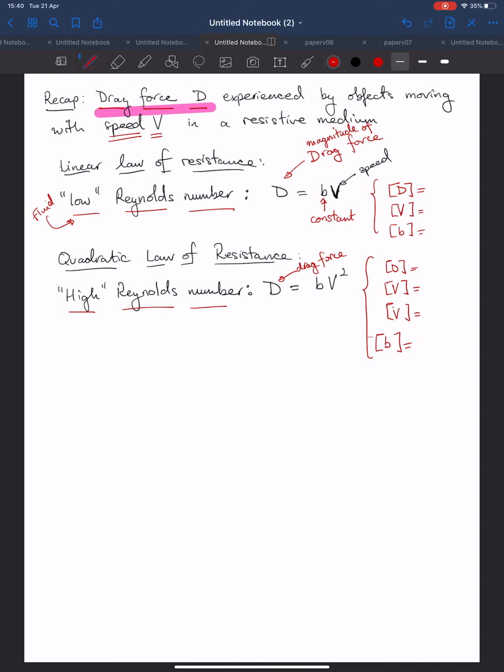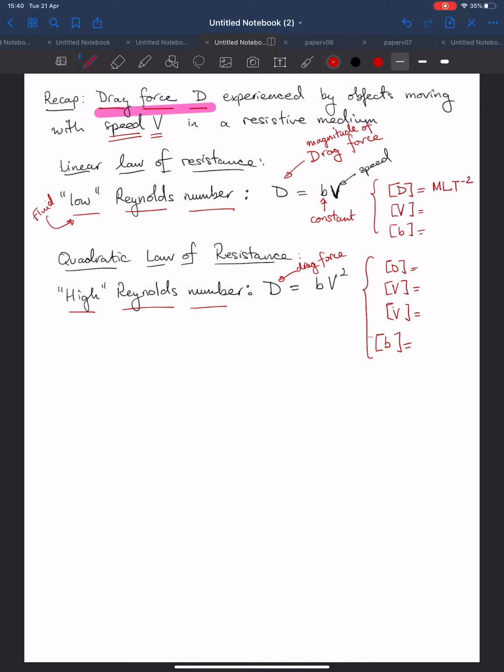Now, if you do some dimensional analysis of the problem, so in other words, time to look back at week 1, when we started the module, you'll see that the drag force has to have the units of M L T to the power of minus 2, so that's M for mass, L for length, and T for time.